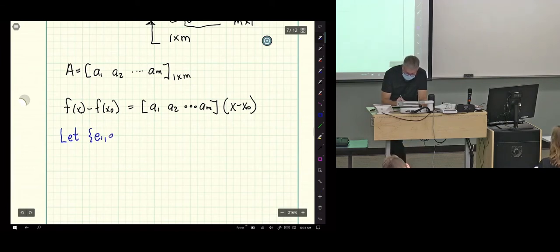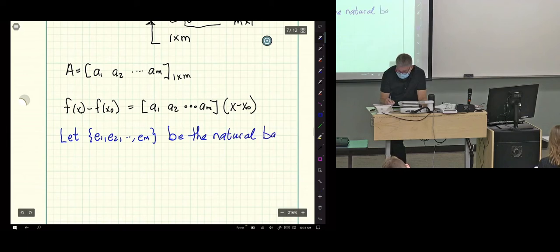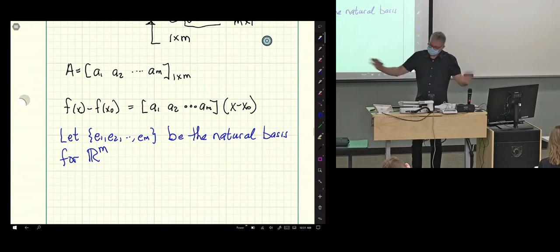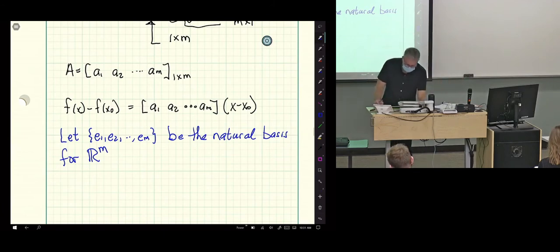So we know about bases. So let that be the natural basis for Rm. We struggle with bases still, but the natural basis, that one we're pretty good at, okay?